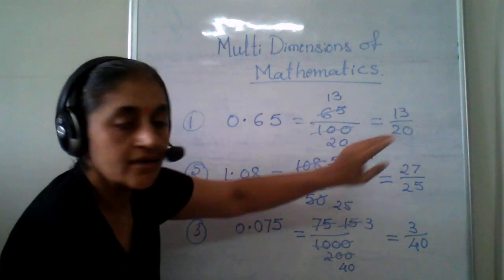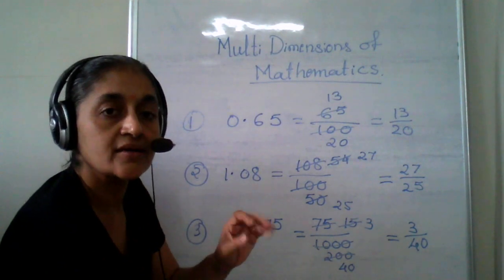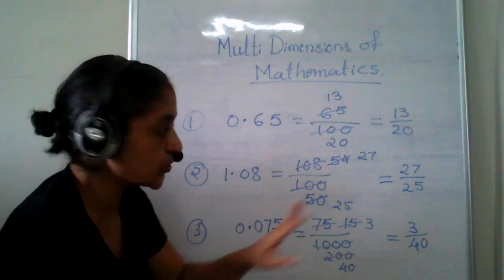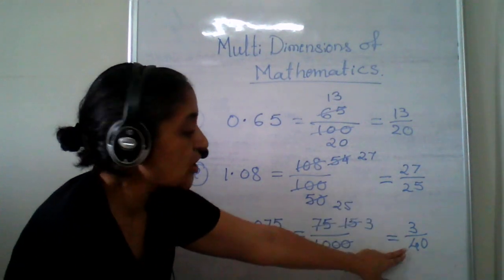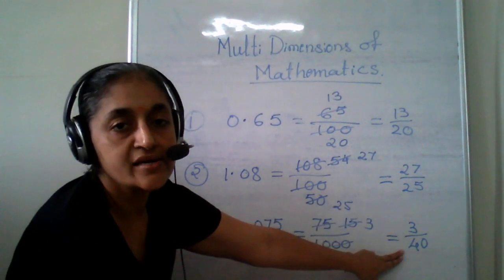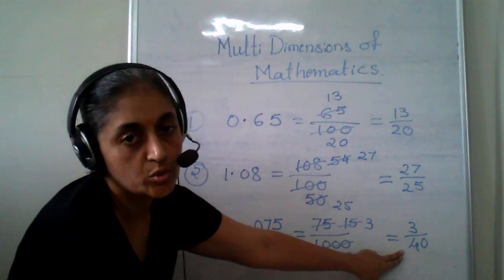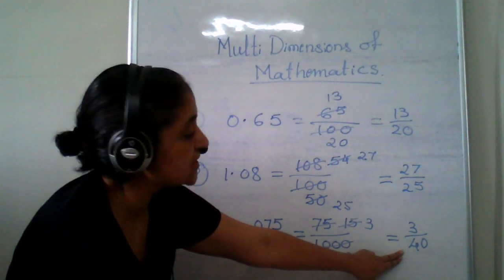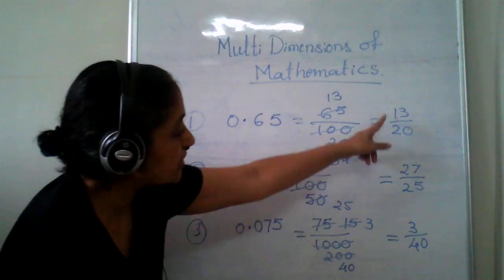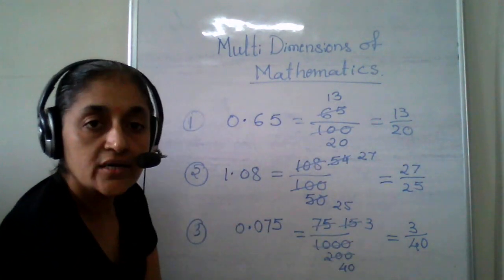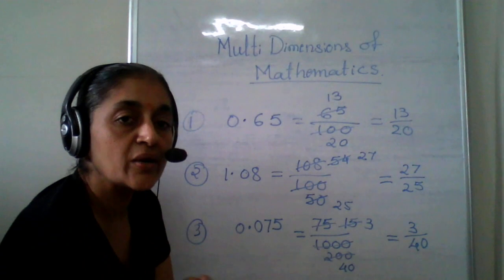So 20 doesn't have only 10, it has 2 and 10. 25 is not at all 10 and its exponents. 40 is also not 10 and its exponents, but it is 4 into 10. So can you express these in only 10 and its powers? No. So all these three are vulgar fractions in simplest form.